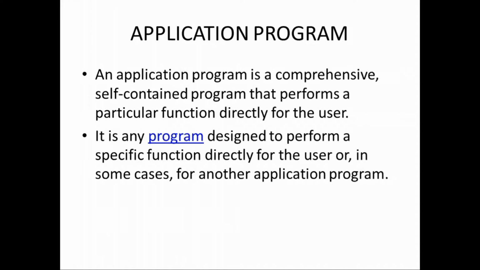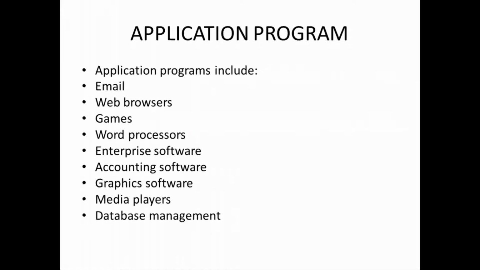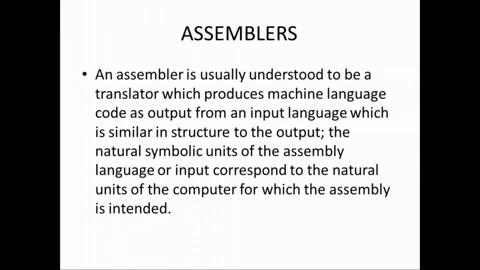It is any program designed to perform a specific function directly for the user, or in some cases for another application program. So let's look at the various application programs. This includes email, web browsers, games, word processors, enterprise software, accounting software, graphic software, media players, database management, and so on. Now let's go deeper into the system software.